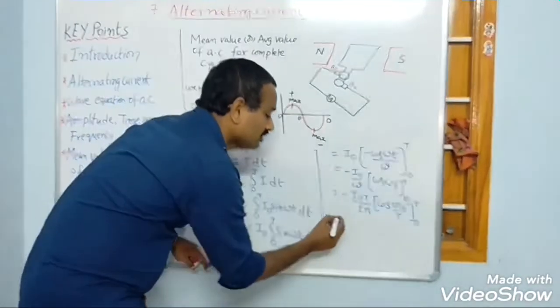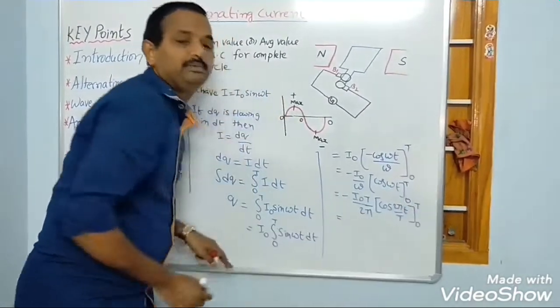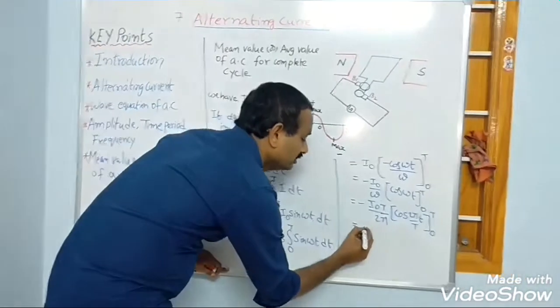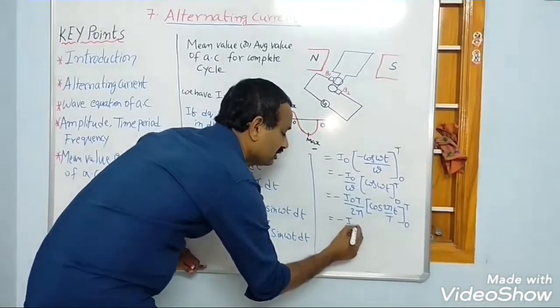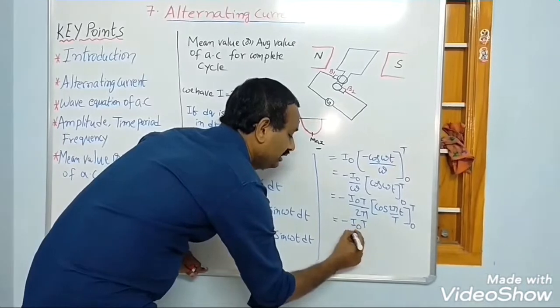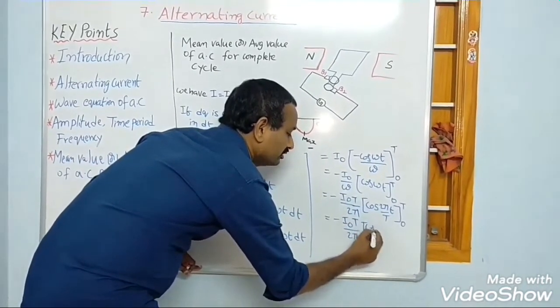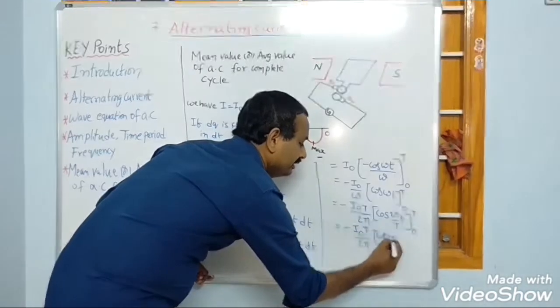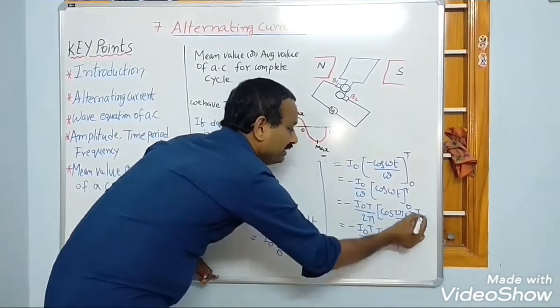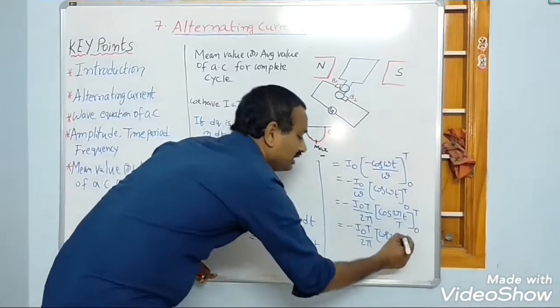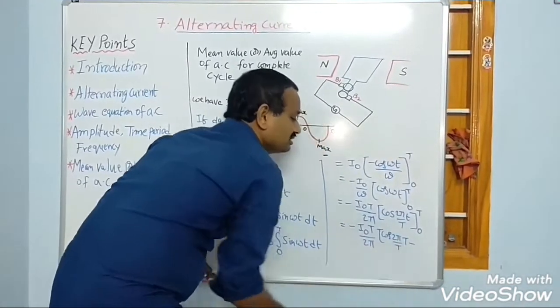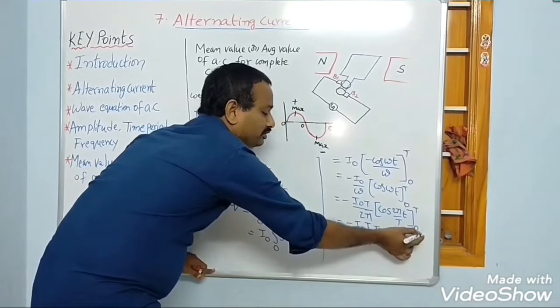Students, now substitute upper limit minus lower limit. What you will get? That is minus I naught T by 2 pi. Here cos 2 pi t, upper limit you need to substitute in the place of small t, capital T, minus lower limit you have to substitute, that is 0.